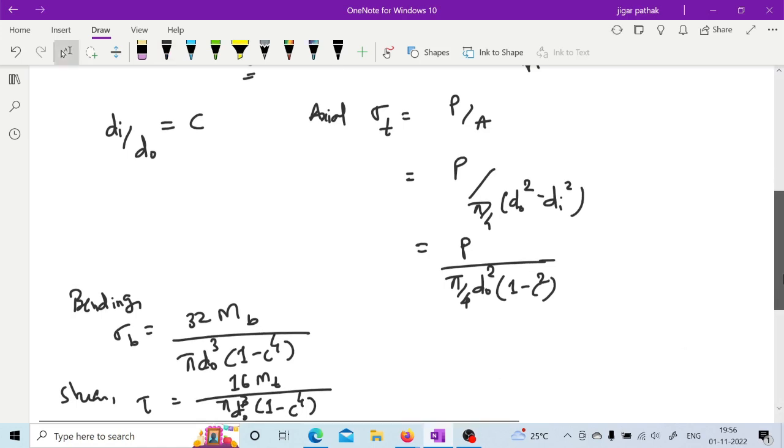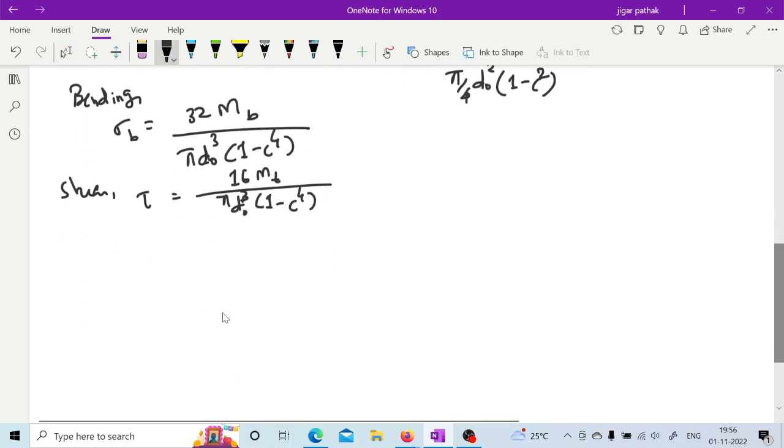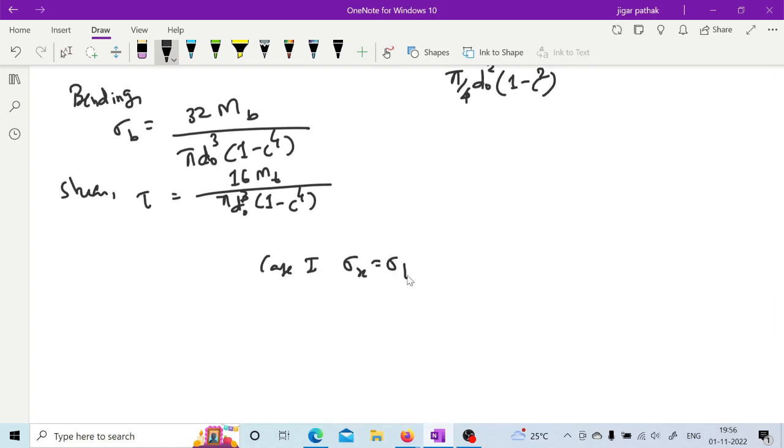And once you have all this, you can again consider those case 1 and case 2. Case 1 where sigma x is equal to sigma t plus sigma b, and case 2 when you are considering sigma x as sigma b only. Now again you can apply MPST and MSST.